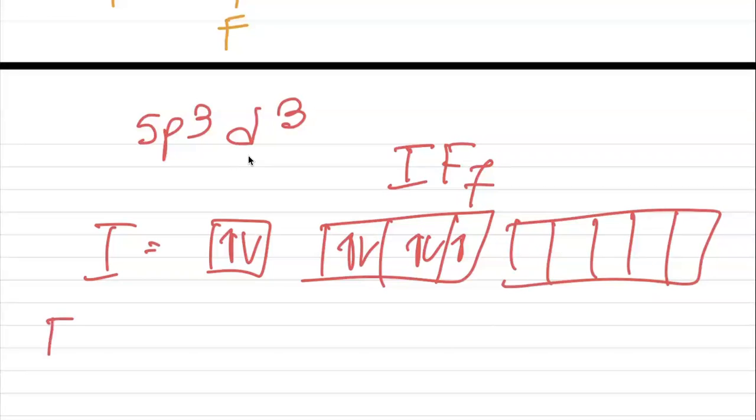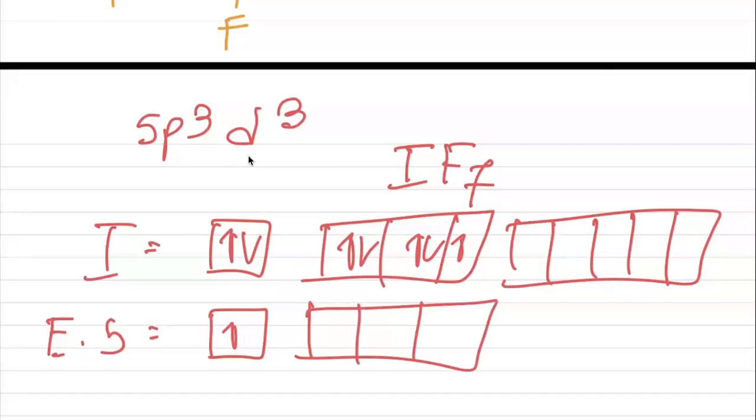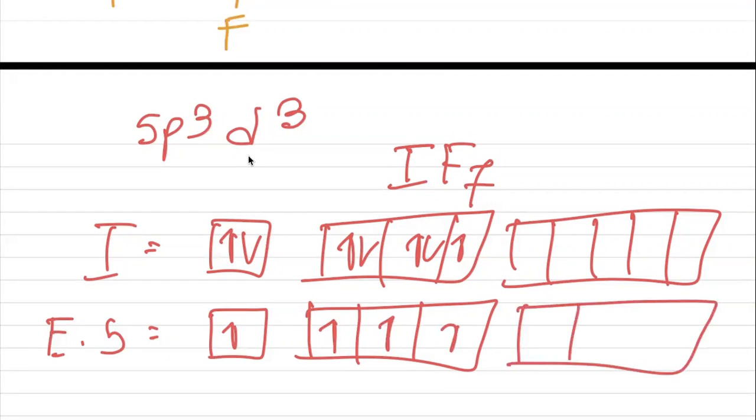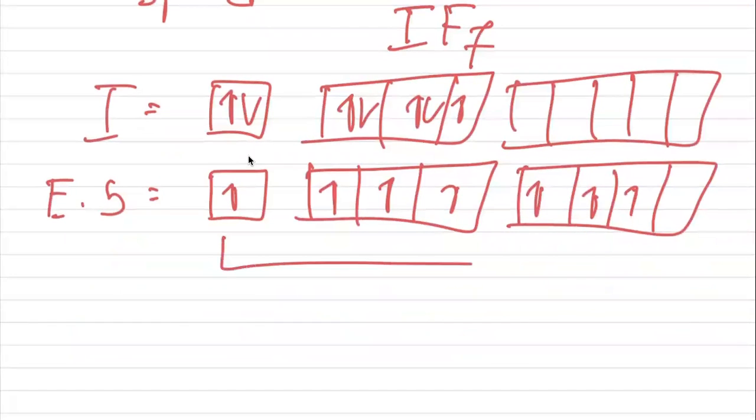In the excited state, electrons are shifted, so it forms sp3d3 hybridization.